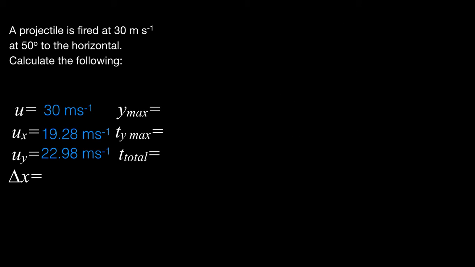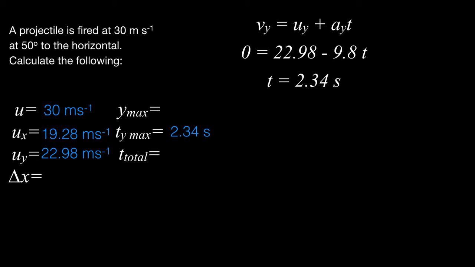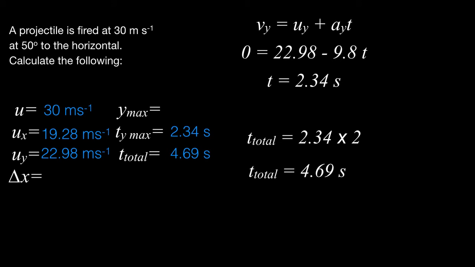Now, as I previously said, the best way to do this is using v equals u plus at, where vy equals 0. That'll give us a time of 2.34, and if we multiply this by 2, we will get the total time.